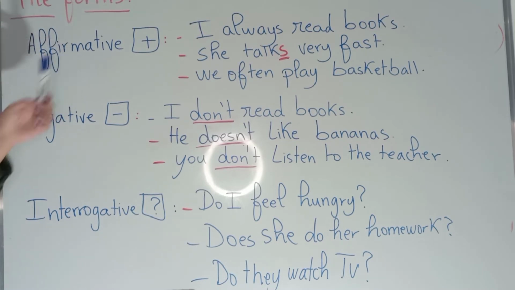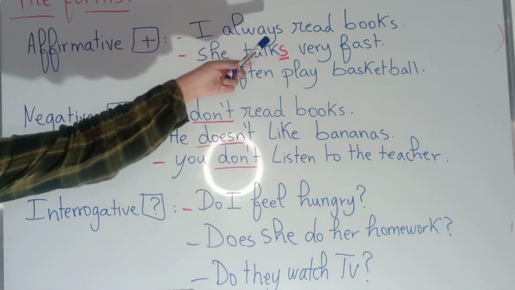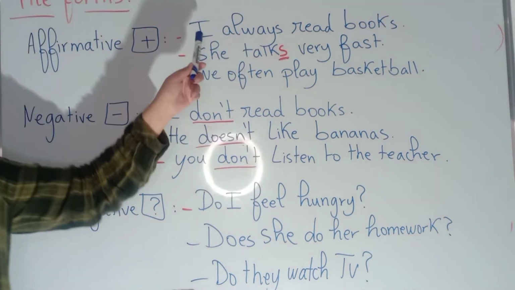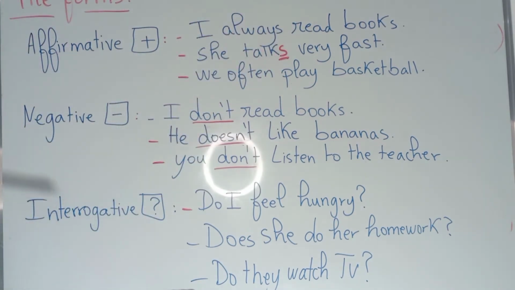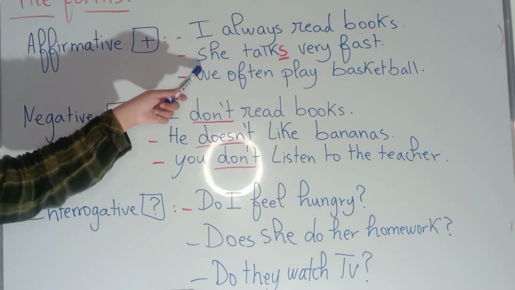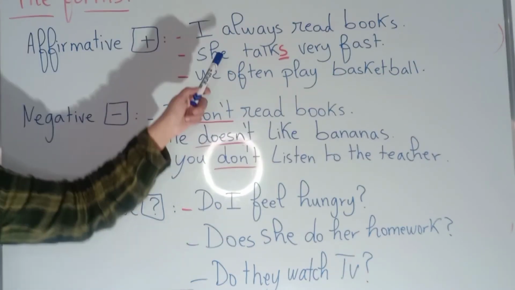Okay, so let's start with the first form, which is the affirmative. I always read books. This is the subject, and this is the infinitive verb or the base form. She talks very fast.